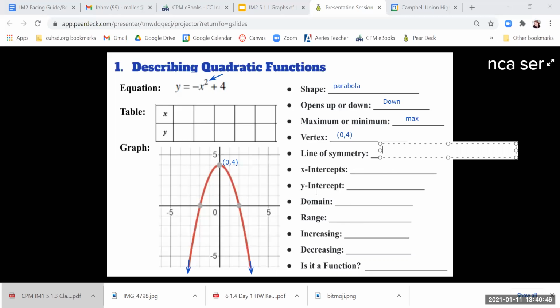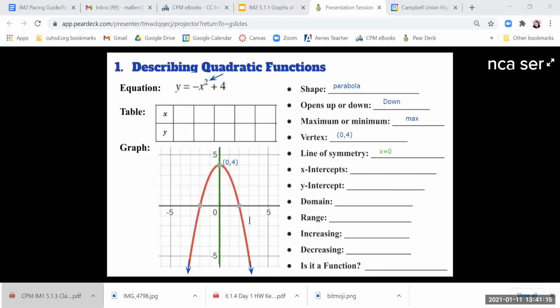That means our line of symmetry, this line right here, oh my goodness, it's actually our y-axis this time. The equation for the line of symmetry is still going to connect with the vertex. It's going to be the x of the vertex, x equals 0. That's the equation of the y-axis.